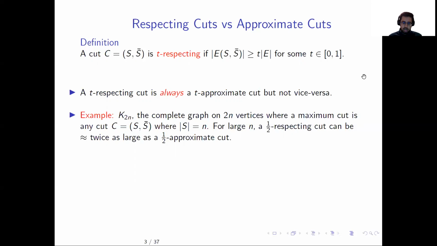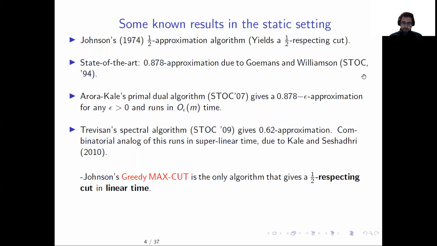And so for large n, we see that a half-respecting cut can have a number of edges which is roughly twice as large as a half-approximate cut. So sometimes a t-respecting cut can be much bigger, in the sense that it can have a lot more cut edges as compared to a t-approximate cut.